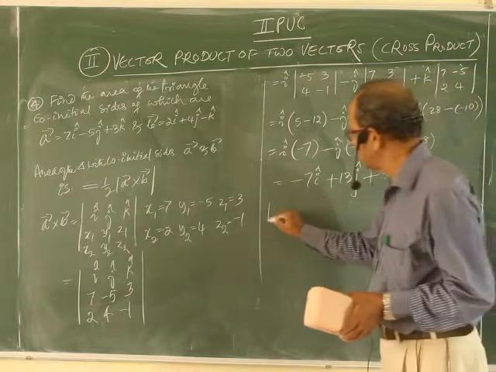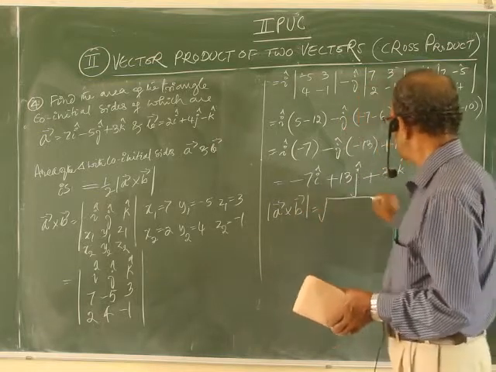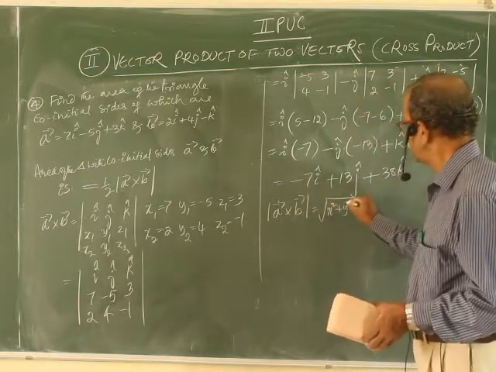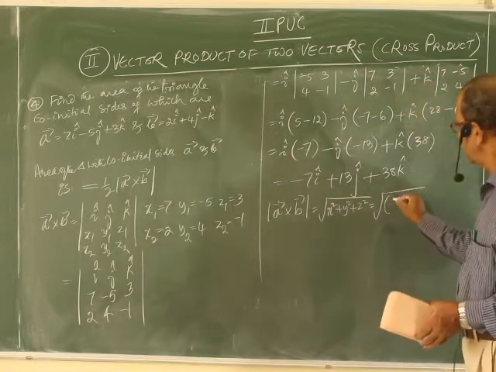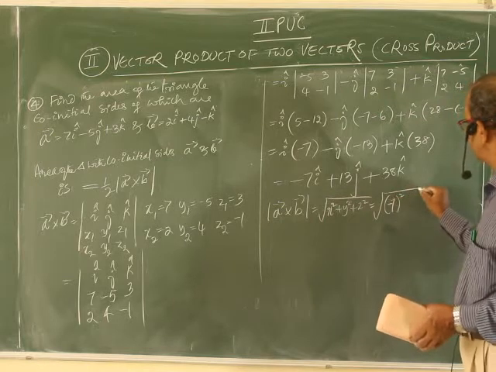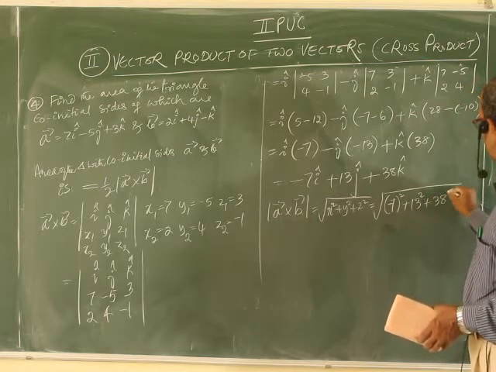Mod A cross B is root of x square plus y square plus z square, which is equal to minus 7 square, 13 square, 38 square.